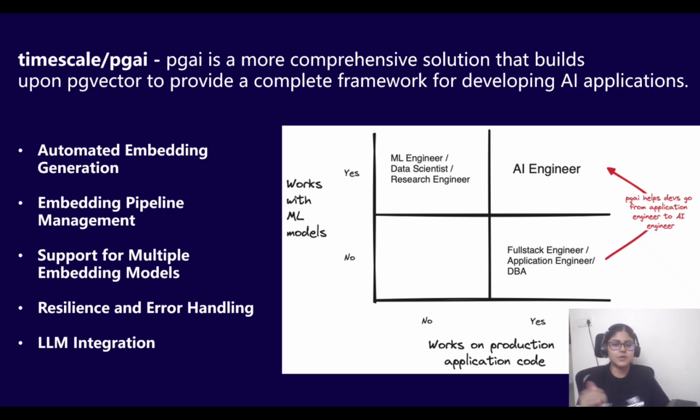They have built a layer on top of it, which allows you to get started with automated vector embedding generation, embedding pipeline management, support for multiple embedding models, resilience and error handling, and of course a bunch of LLMs to integrate your application with.